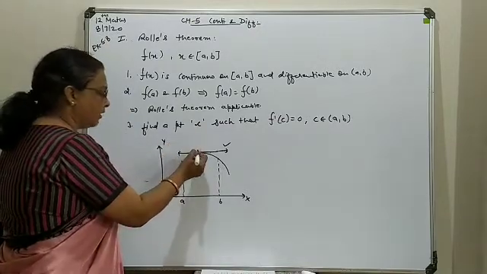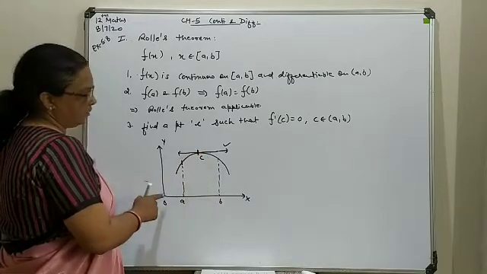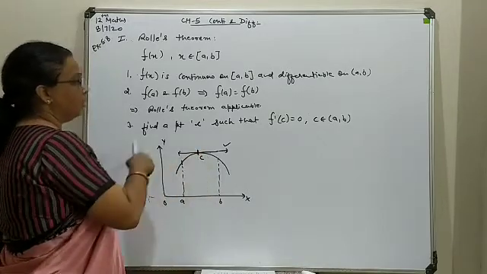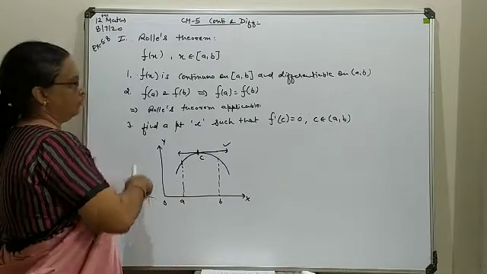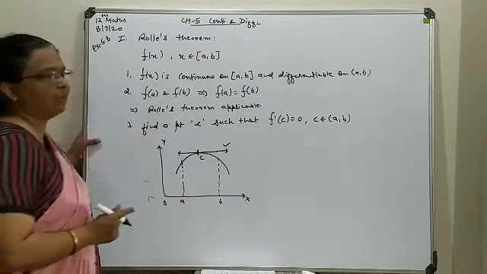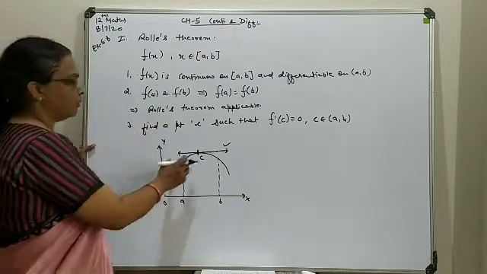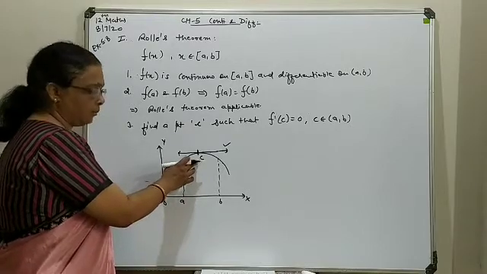That way we find this point C. So this is the meaning of Rolle's theorem, and these are the three steps we have to follow to find the solution regarding this point C.